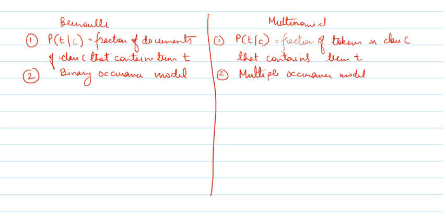So Bernoulli may make mistakes in long documents, so it does not perform well for long documents, and multinomial performs well for long documents.